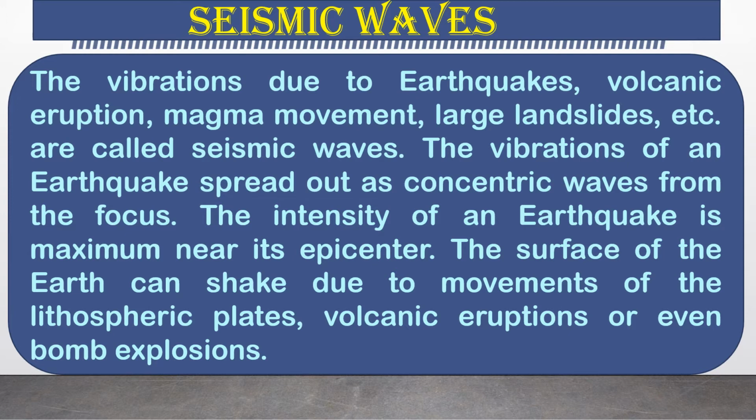The vibrations of an earthquake spread out as concentric waves from the focus. As I told you, the focus is the point inside the earth from where the earthquake originates, so from the focus there are vibrations. The concentric waves coming out due to the vibration are the seismic waves.